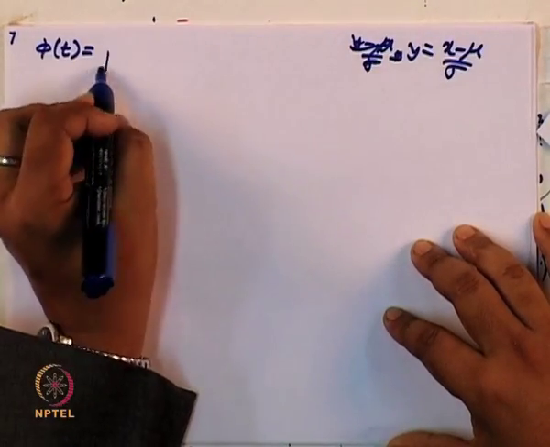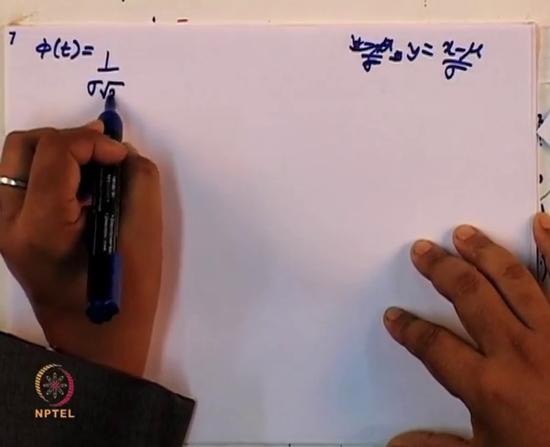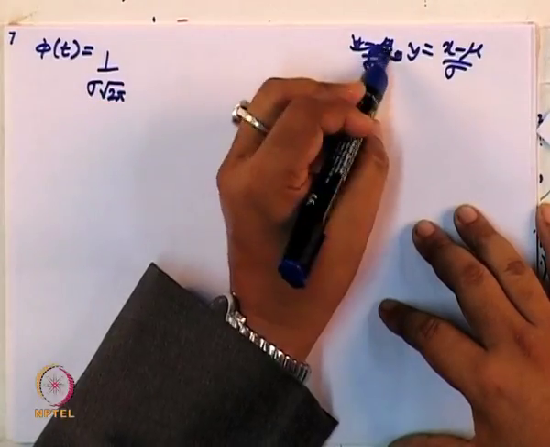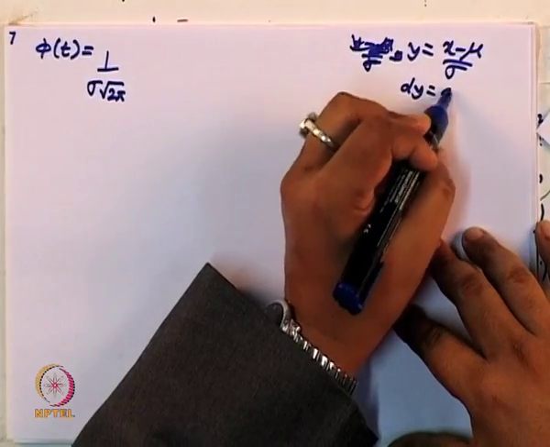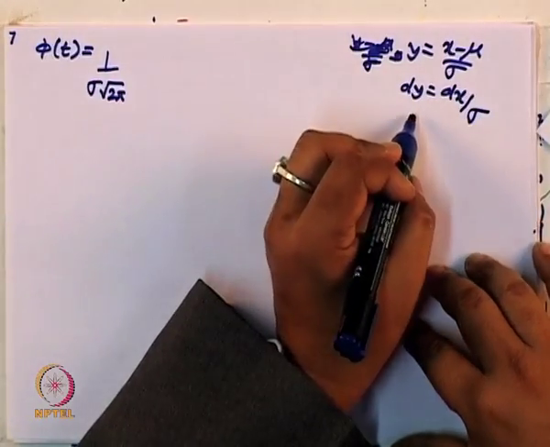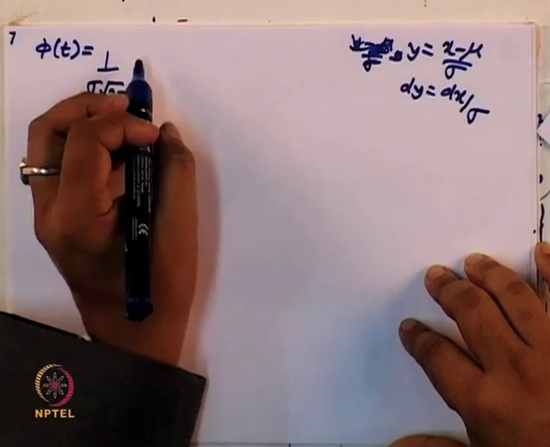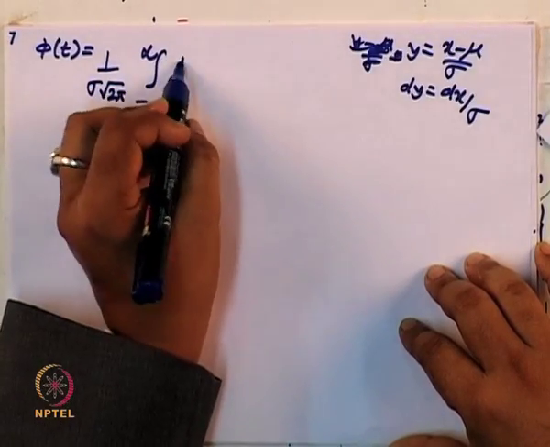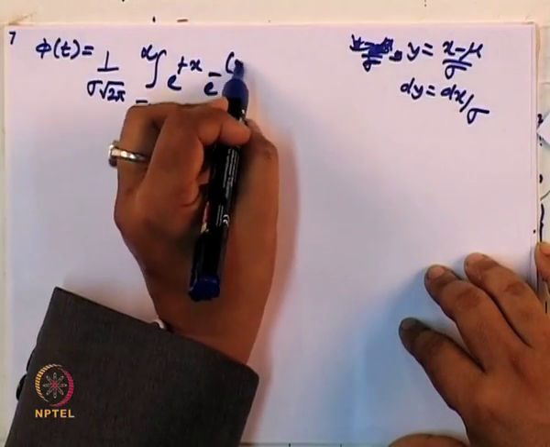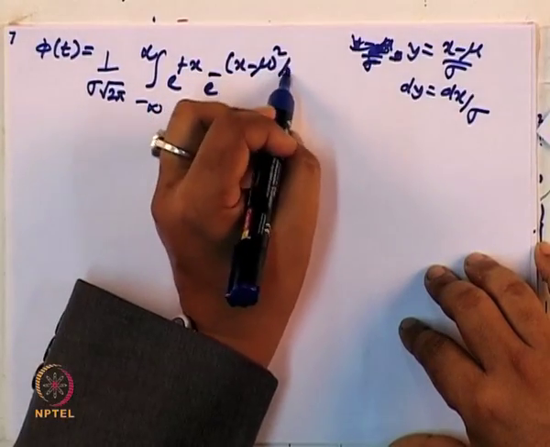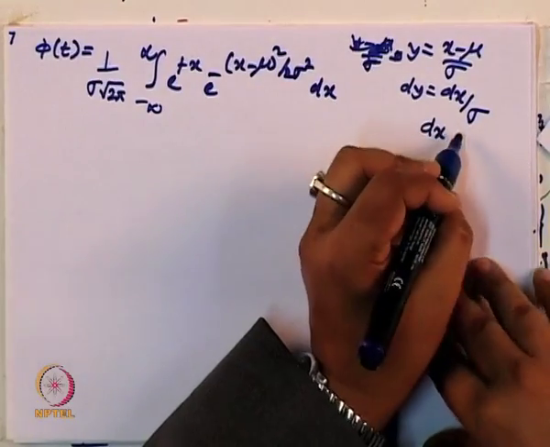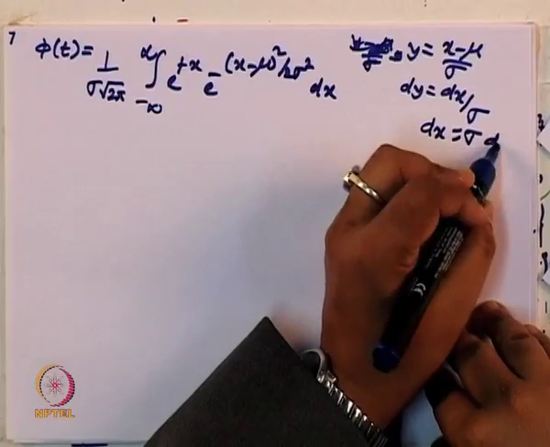So, phi of t becomes 1 by sigma root 2 pi times the integral of e to the power t x e to the power minus x minus mu whole square by 2 sigma square into dx. If I put this, then my dy is equal to dx by sigma, so my dx is equal to sigma into dy.